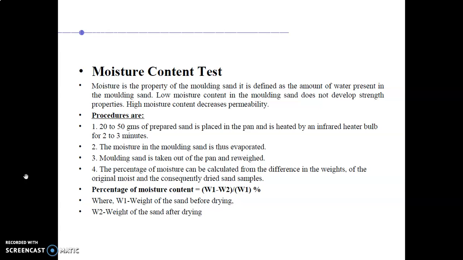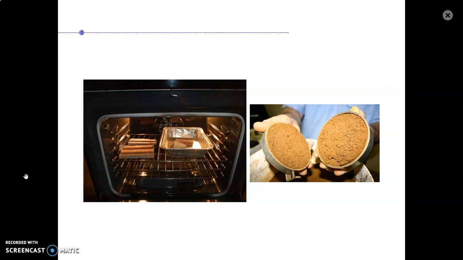It will be somewhat less compared to the initial weight, because you have heated the sand and it loses the water content. From this you can calculate the moisture content. It is a very simple test. You need one heater and a weighing machine to conduct this test.